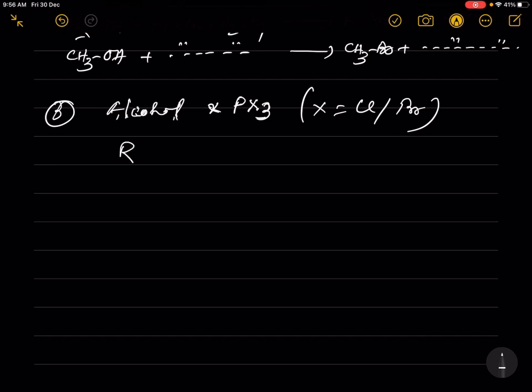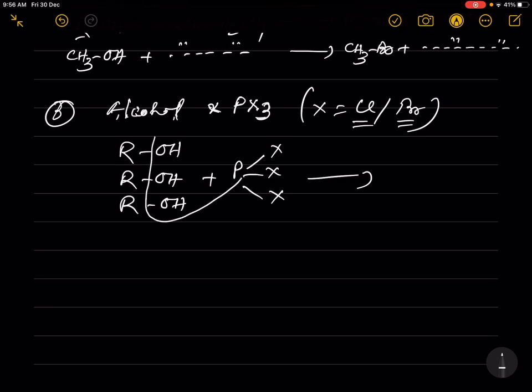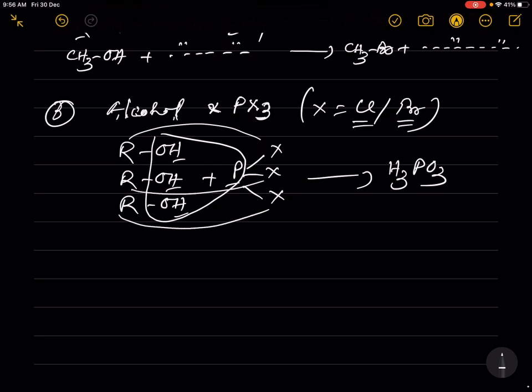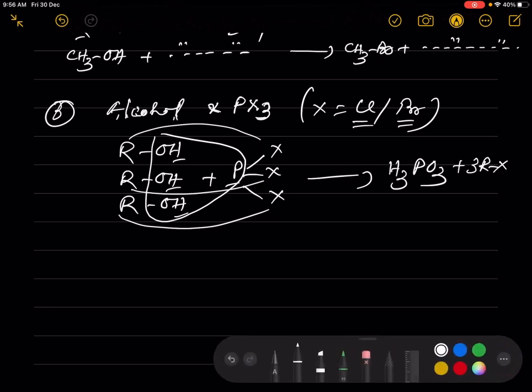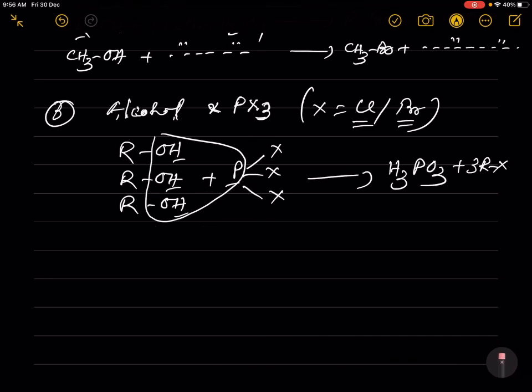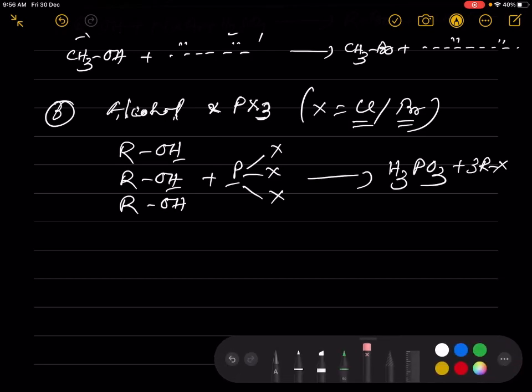So here for alcohol, you have to take 3 molecules of ROH, where X can be chlorine or bromine. This 3 OH and this P gives H3PO3, and each R combines with X to give 3 molecules of alkyl halide. So when alcohol is treated with phosphorus trihalide, it gives phosphorus acid, orthophosphorus acid, and alkyl halide.